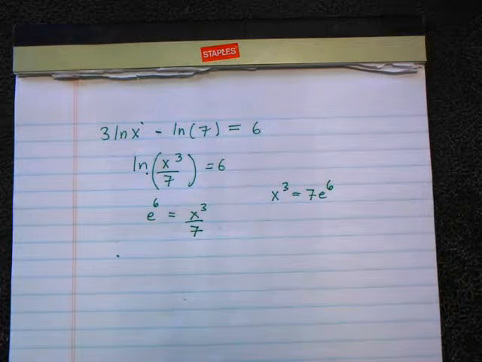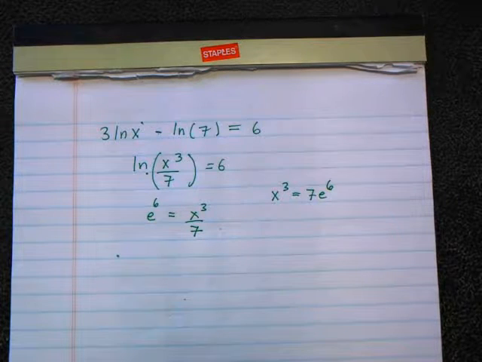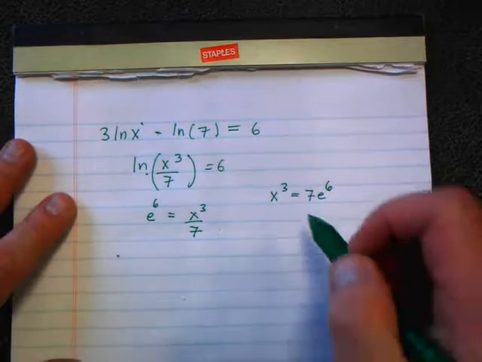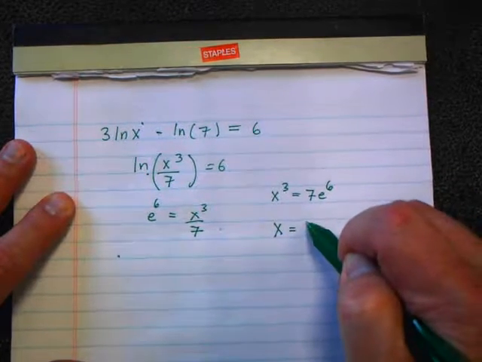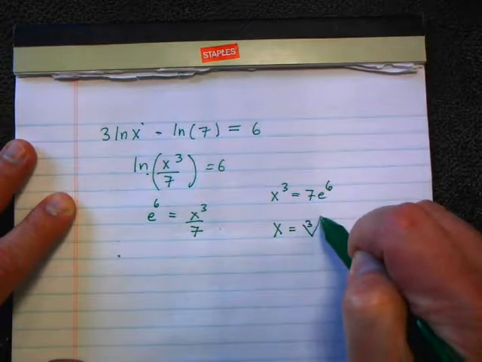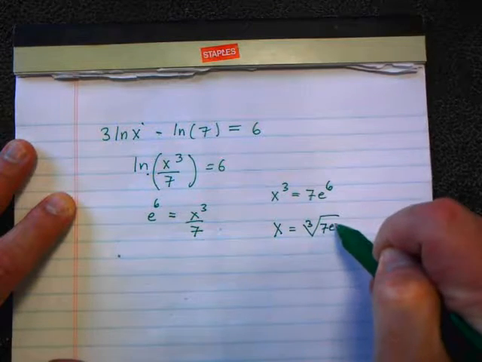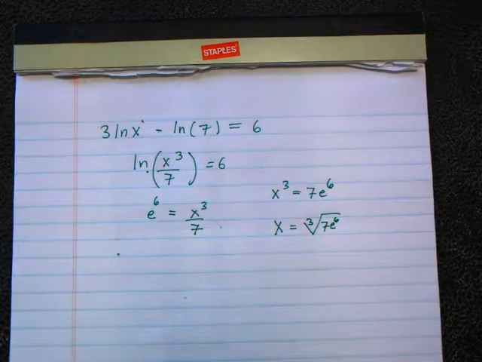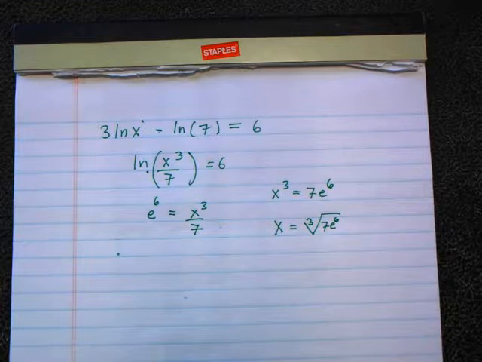What's the opposite of a cube? Cube root. Just like the opposite of a square is a square root, the opposite of a cube is a cube root. So the answer would be x is the cube root of 7e to the 6th. There's a nice answer, huh? Perfect.